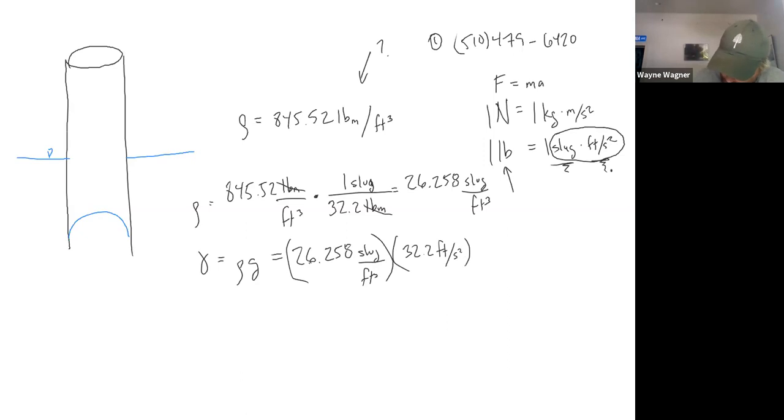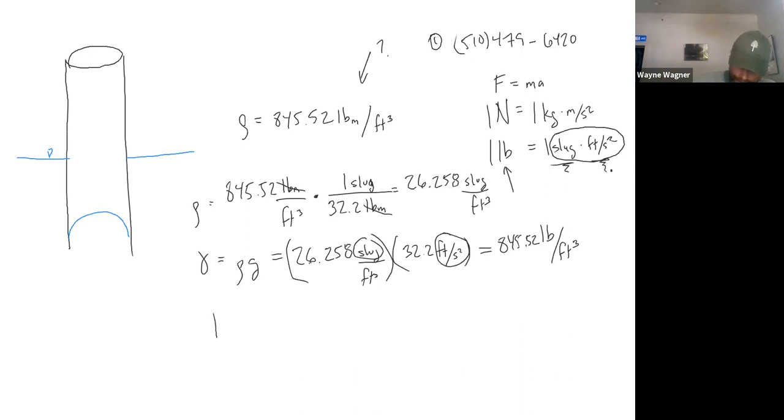And note that now slugs feet per second squared, that's a pound. So I get pounds per cubic foot. So that's gamma, that's the specific weight. So if we multiply by 32.2, we're going to get 845.52.